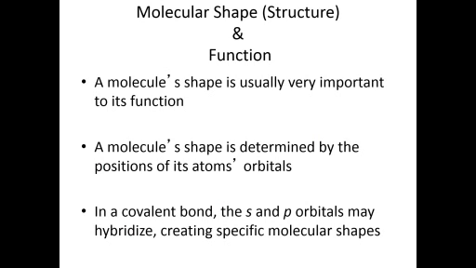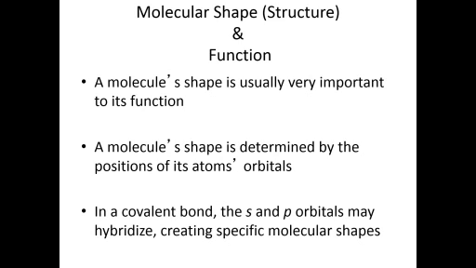Okay, so we're going to transition away from talking about chemical bonds, and we're going to talk now about shapes of molecules and how this is related to their function. So what determines the shape of a molecule?